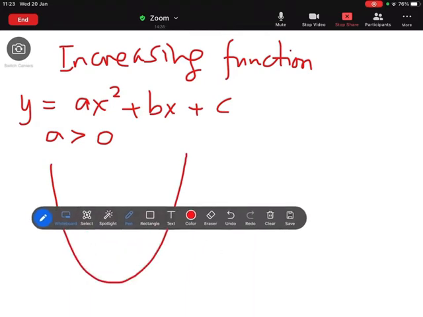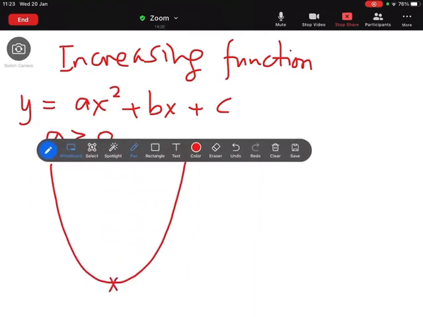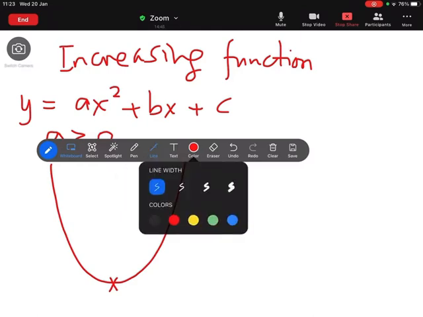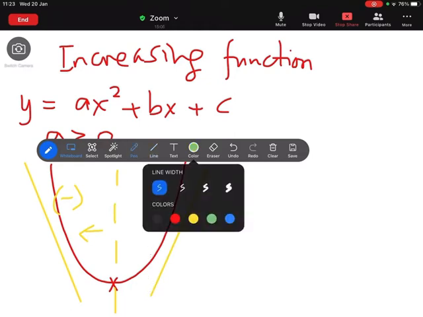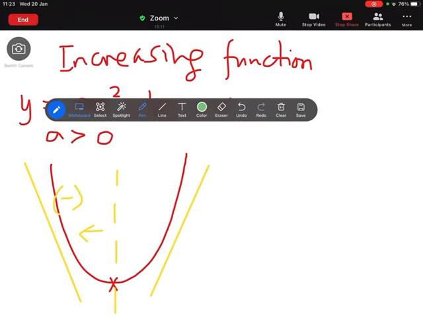Now, we have the turning point at that point, and similarly to a straight line sloping down this way, the gradient of the curve from this point, all these will be negative. And similarly to a line that would be sloping up, the gradient of the curve from the turning point to the right will be positive.